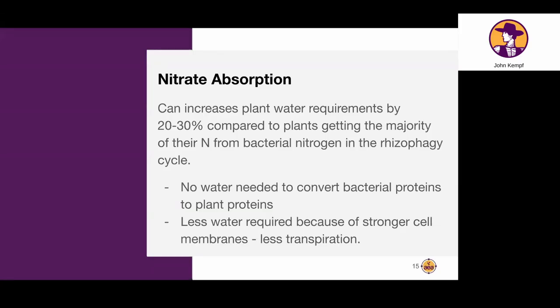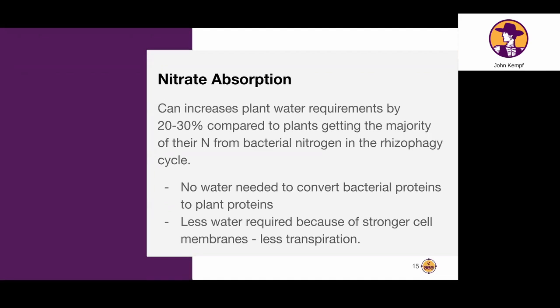So as I pointed out, this is because of two key drivers. As well, there's a couple of other drivers that we think are relevant, but the big ones are that there's no water needed to convert nitrate, or less water, I should say, and less water required because you have stronger cell membranes and you have less transpiration.